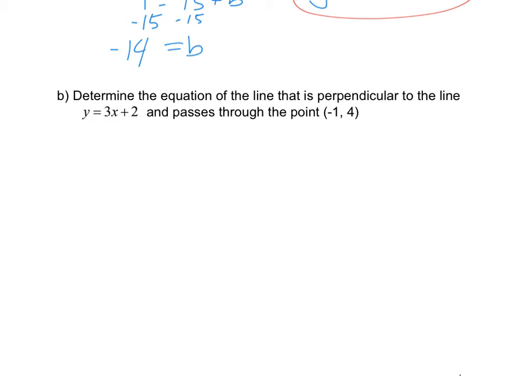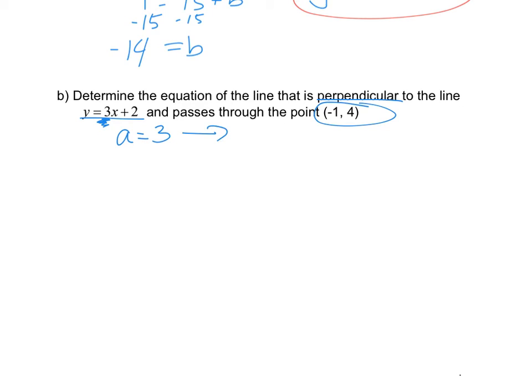So determine the equation of a line that is perpendicular to y equals 3x plus 2 and passes through the point -1, 4. So now, if the line is perpendicular, I need to start by finding the slope of the line I'm starting with. So this slope here is 3.